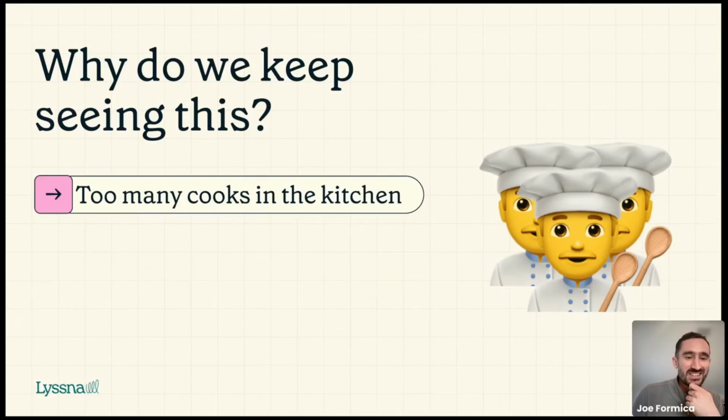But we see this a lot because of some common reasons. First, the too many cooks in the kitchen scenario. You create a research study, it goes through stakeholders, teams, people with other goals or motivations for doing that research. It gets reviewed, it gets edited. This is not unique to research studies, right? This is everything.